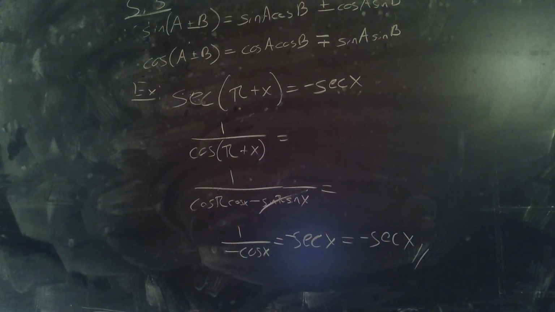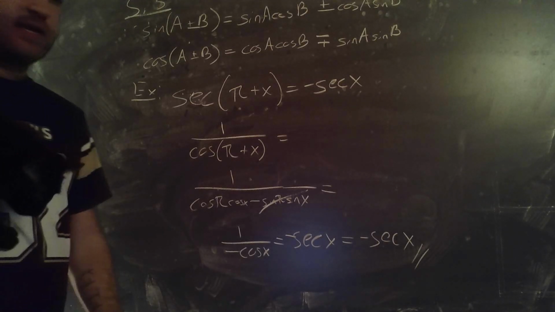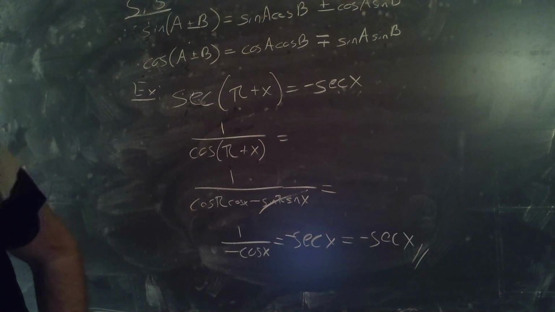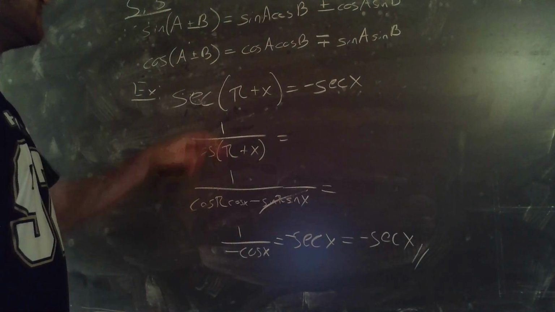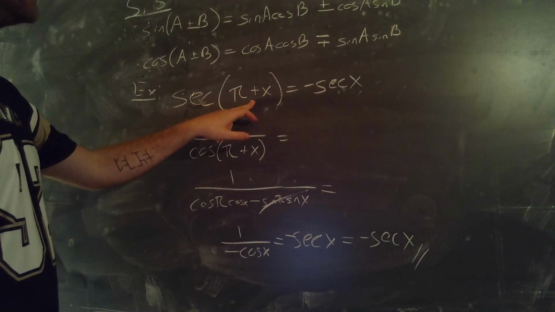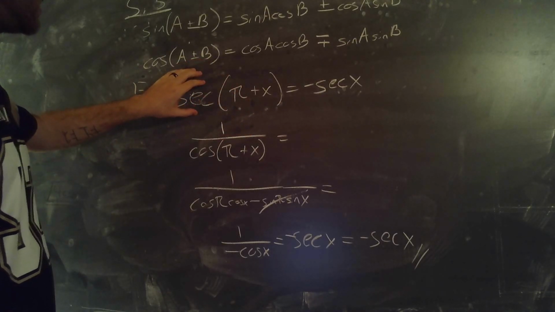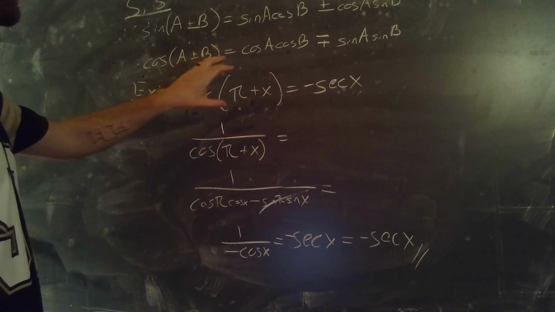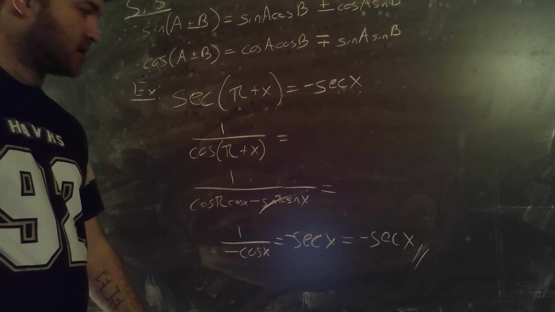So you can see that now that we have sum and difference identities, we have the ability to verify additional trigonometric identities that involve changes to the argument, as opposed to just trig functions multiplied or divided or added or subtracted to each other.